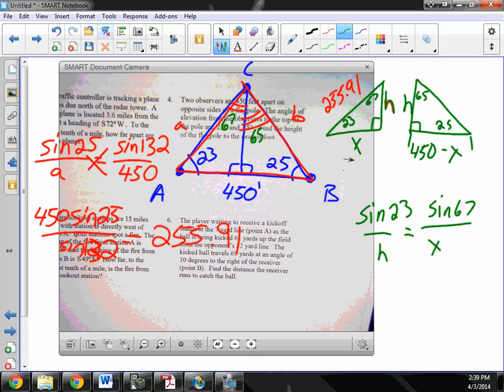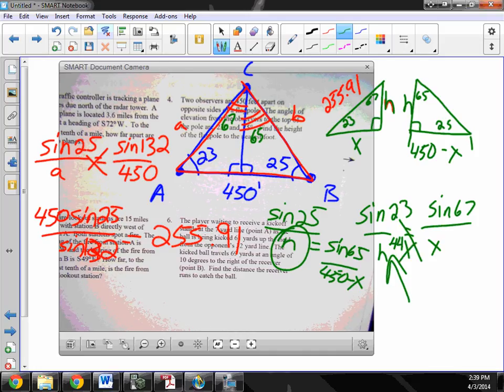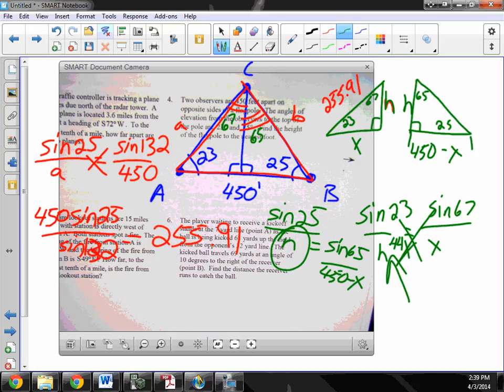And then I did a second law of sines on the other side. Sine of 25 over h is equal to the sine of 65 over 450 minus x. Well, I can solve this for h, and once I get it, I plug it in there, which was like 0.44x, and I just cross multiply and solve for x. But Tristan's smarter than me, so don't do it my way. Do it the easy way.